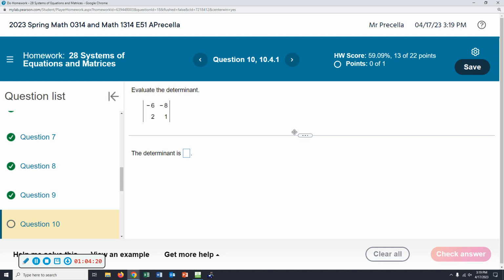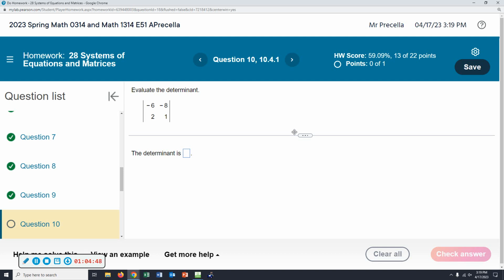Our answer here is going to be a number. We're going to multiply these diagonals. Make sure that you start off using the first number. Somehow you've got to remember to do this diagonal first, not this one.